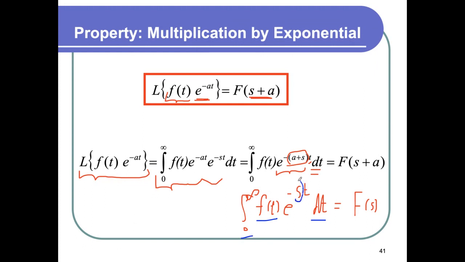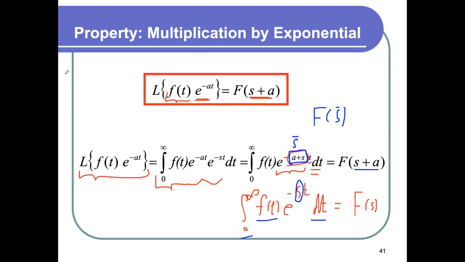Now, instead of s, we have s plus a, right? So if you call this s tilde or s prime or s bar, then this is just capital F of s bar, where s bar here is just s plus a. So this is an important property.